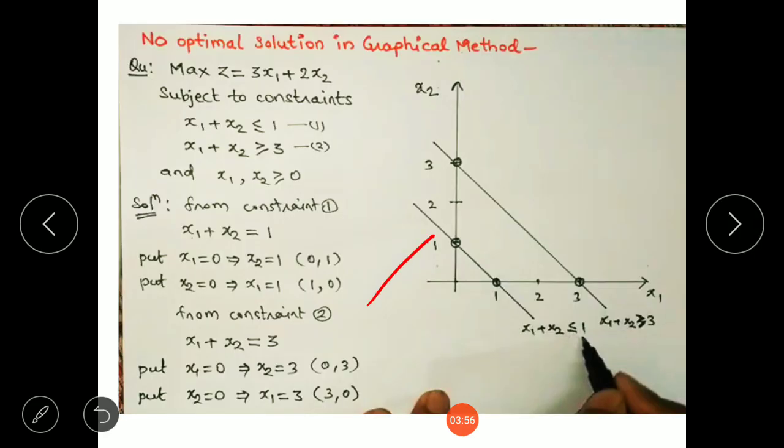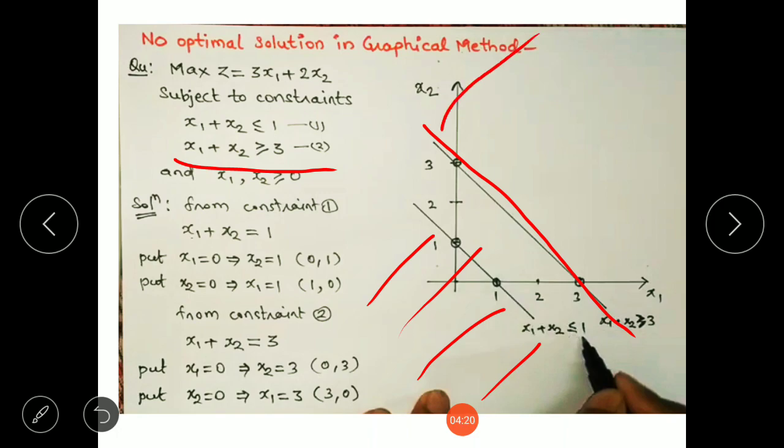And for x1 plus x2 greater than or equal to 3, for finding this region, this is the line x1 plus x2 equal to 3. We'll put x1, x2 equal to (0, 0) in this inequality constraint, and we'll get 0 which is greater than or equal to 3. This means the inequality constraint doesn't get satisfied and the region will not contain the (0, 0) coordinates, and so x1 plus x2 greater than or equal to 3 is this region.